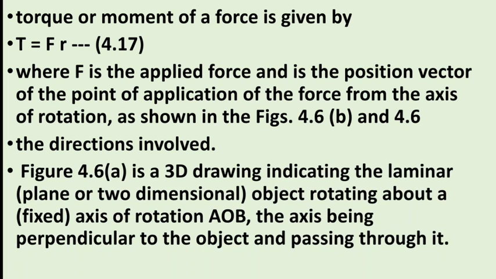Figure 4.6a is a 3D drawing indicating the laminar, that is plane or two-dimensional, object rotating about a fixed axis of rotation AOB, the axis being perpendicular to the object and passing through it.